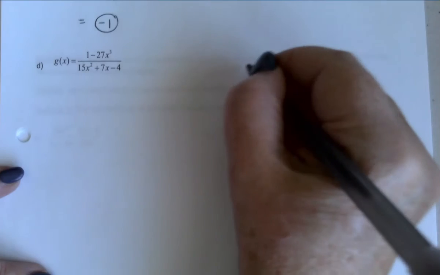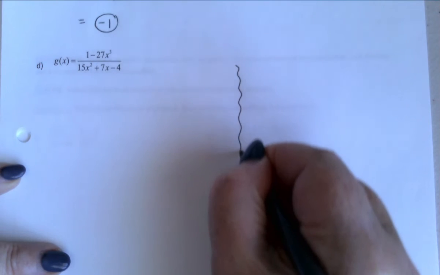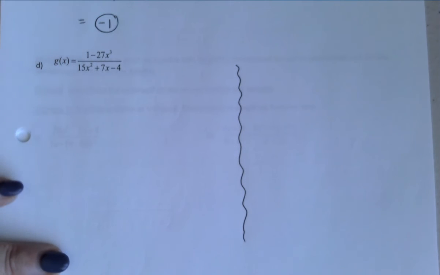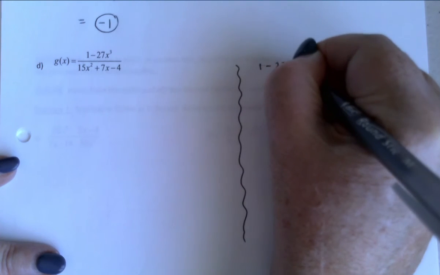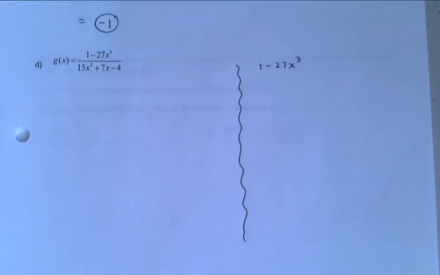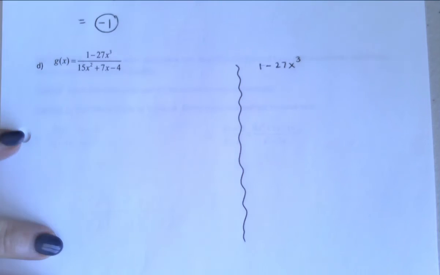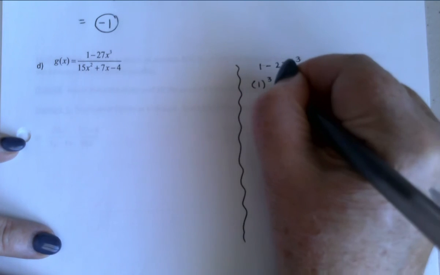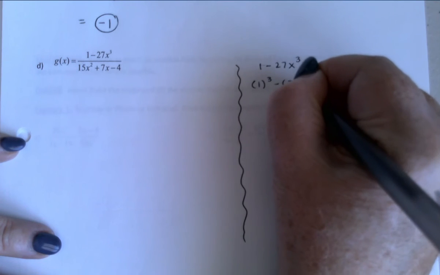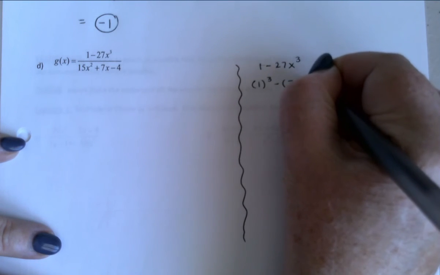All right, looks like I've got a bit of work to do here on the factoring on both top and bottom, so I'm going to create some space for my factoring over here on the right-hand side. Only 2 terms, and I'm recognizing that as a difference of cubes. That would be 1 cubed, subtract 3x cubed.